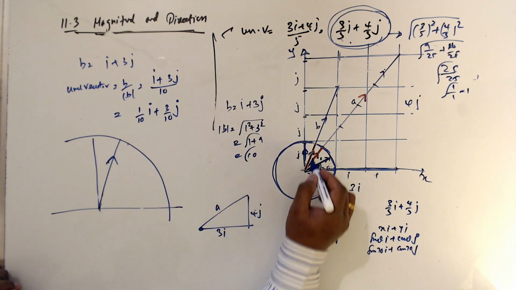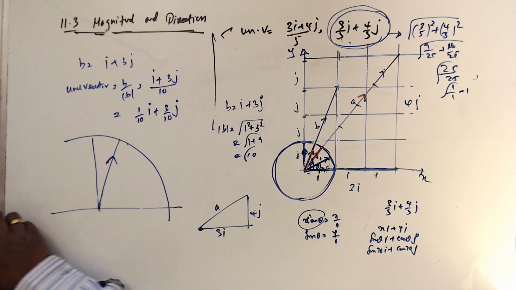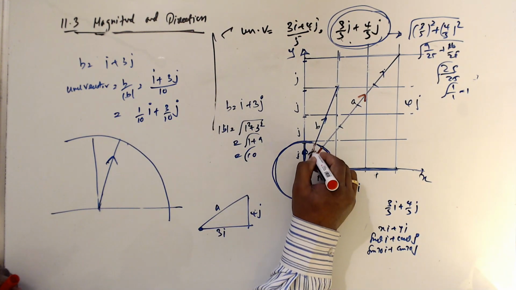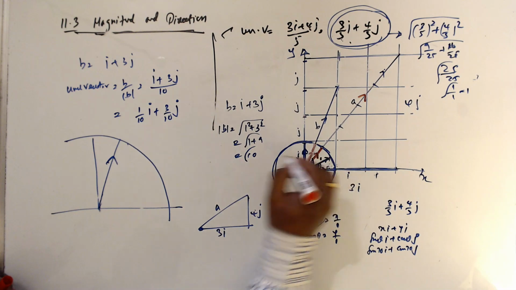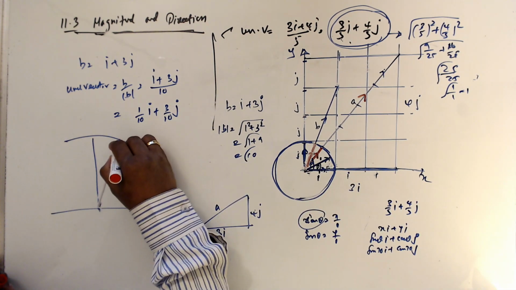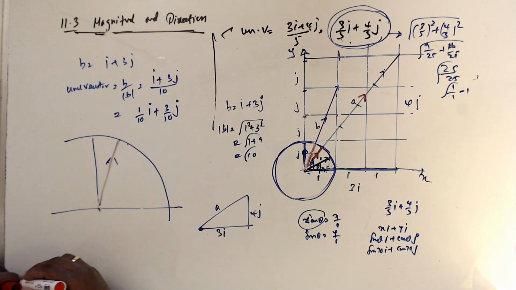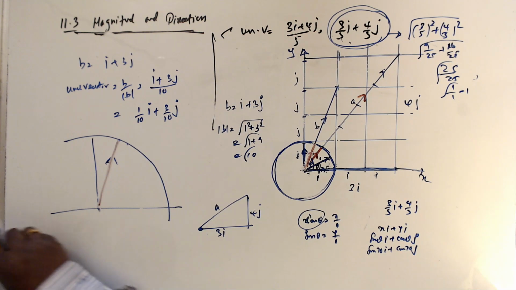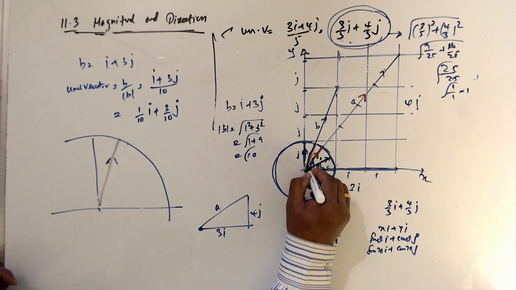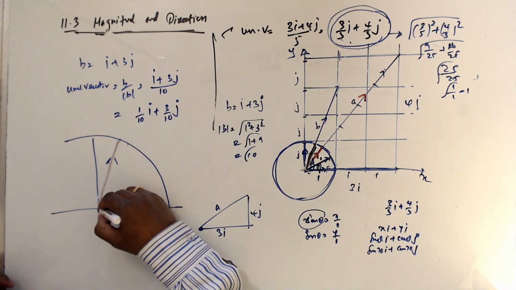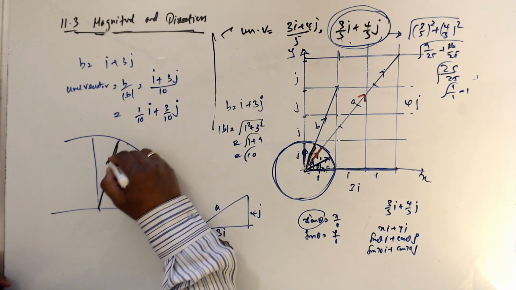Now this vector, I'm talking about this red bit. I changed the color. This is the red bit now.